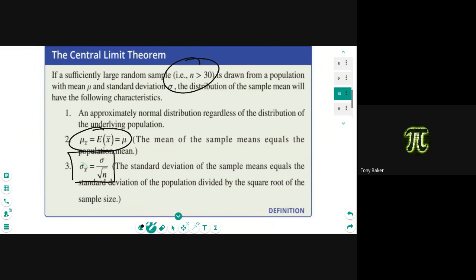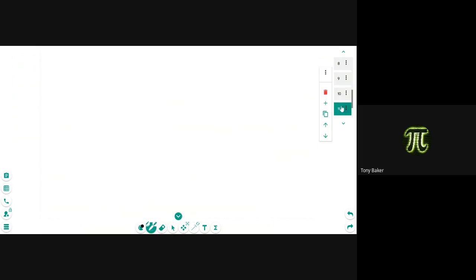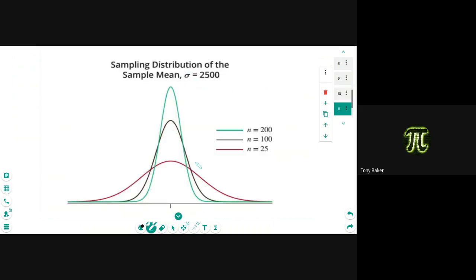So as that number on the bottom gets bigger, my standard deviation gets smaller. So I would get a tighter curve, which gives me a more accurate representation of where the middle is, and how varied that information is going to be. So the bigger my sample is, the better understanding I have of what my mean actually is.